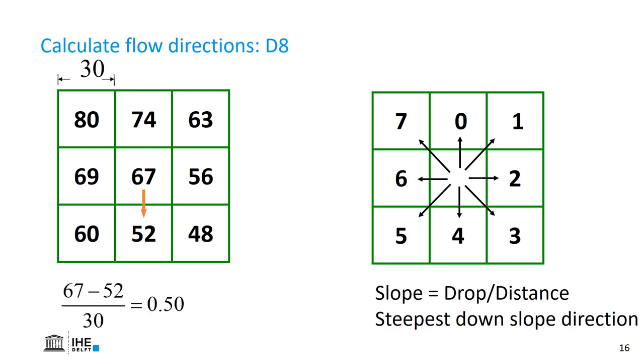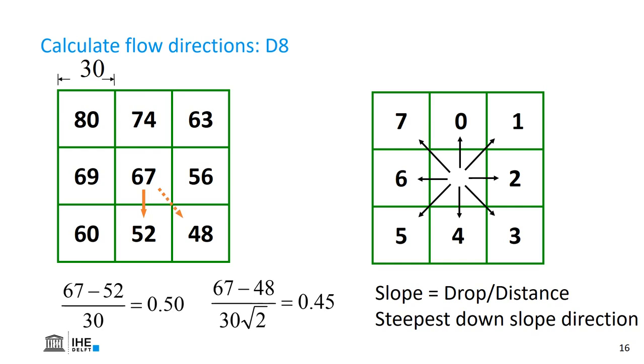Let's do the calculation. If we would consider the cell to the south, so direction number 4, the calculation will be 67 minus 52 divided by the distance, 30, equals 0.5.